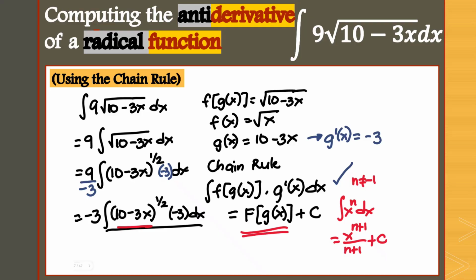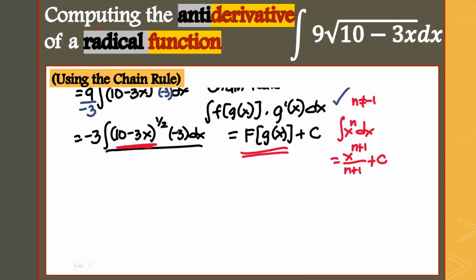But our x is the entire function here. So this is what will happen next. You will still have negative 3 here. Then you will multiply that by 10 minus 3x to the 1/2 plus 1 over 1/2 plus 1. That's n plus 1 over n plus 1.